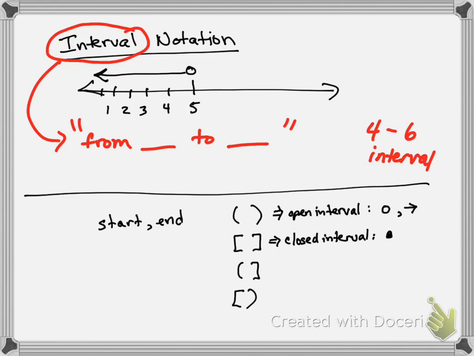Now, when you are figuring out the start number and the end number, there's also one other thing you have to know. Most of these are going to be a number like 5, but sometimes it has no end. If it has no end going to the right, we're going to write an infinity symbol on that side.